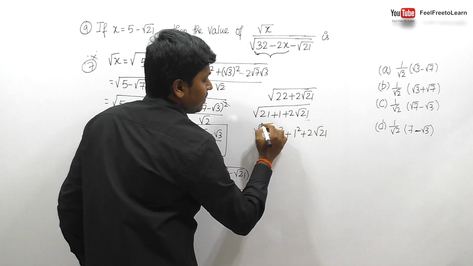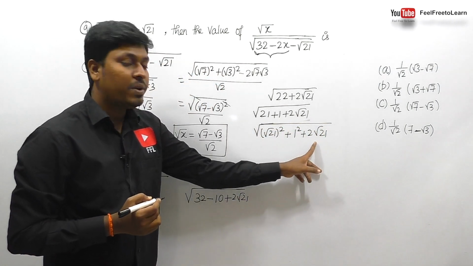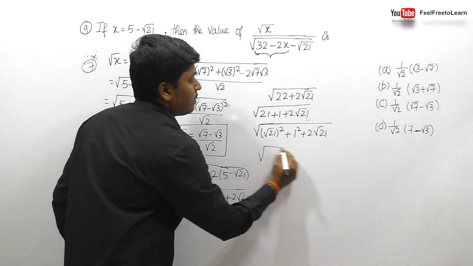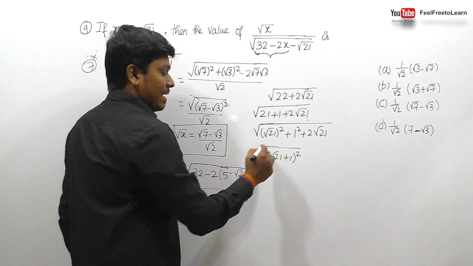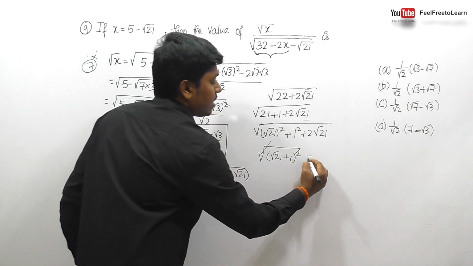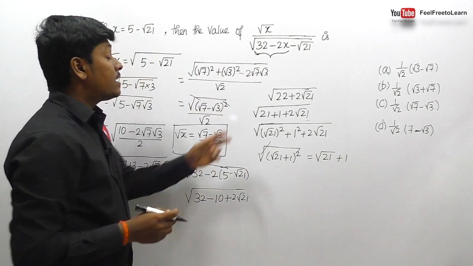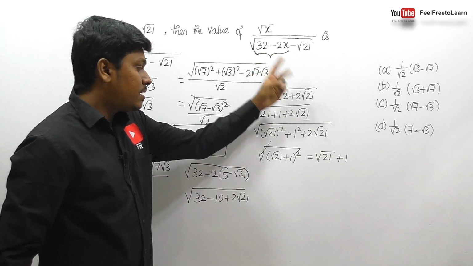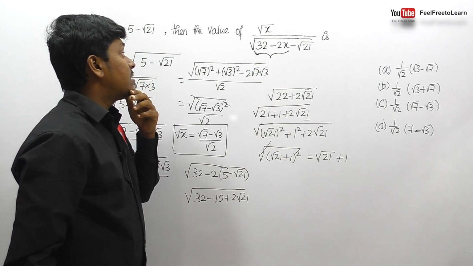So finally we have converted the expression in terms of a square plus b square plus 2ab. This can be written as (a plus b) the whole square, that is root of 21 plus 1 the whole square. We can cancel the root and the square, so this can be written as root of 21 plus 1. Finally we got the answer for only the first two terms, that is root of 21 plus 1. So I think we can substitute all the values in this expression, friends.